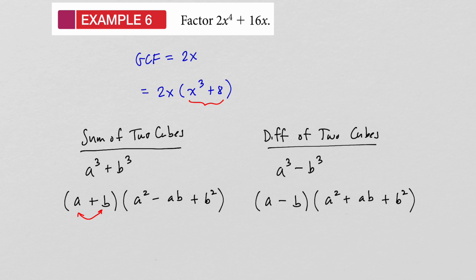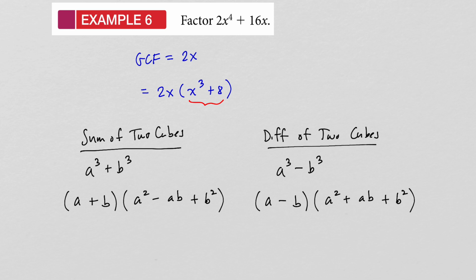But the only difference is, since a difference of two cubes has a minus sign here, you will start with a minus sign here, and then this sign is the opposite of that, which is a positive, and again, the last term is always positive here. So these are the cube formulas, sum of two cubes and difference of two cubes.